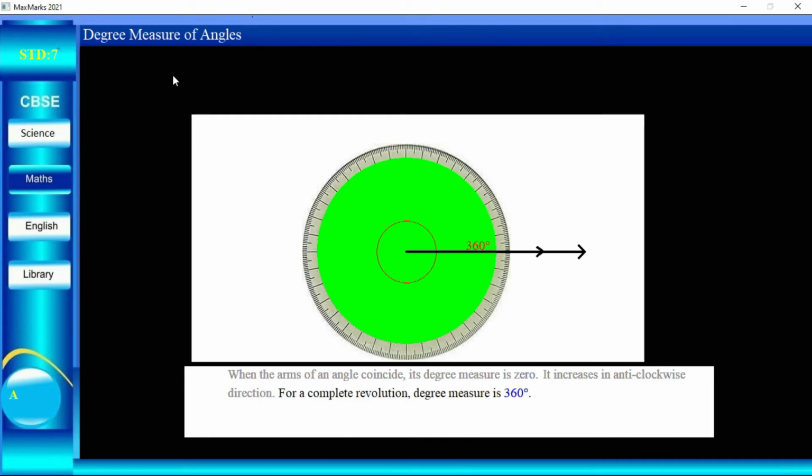For a complete revolution, the degree measure is 360 degrees.